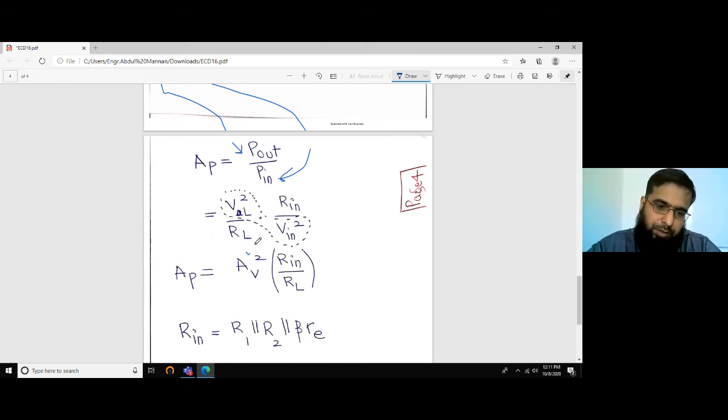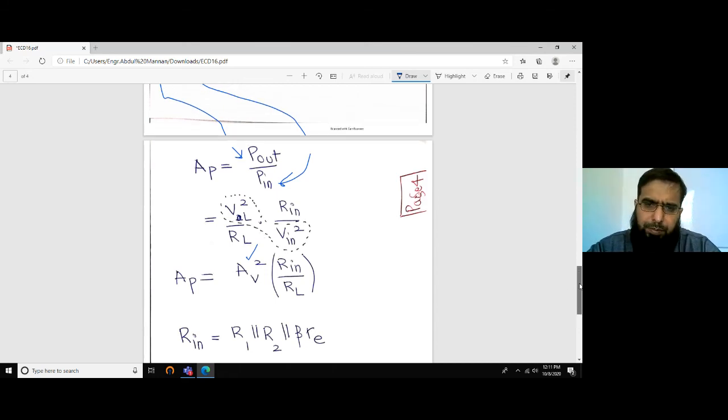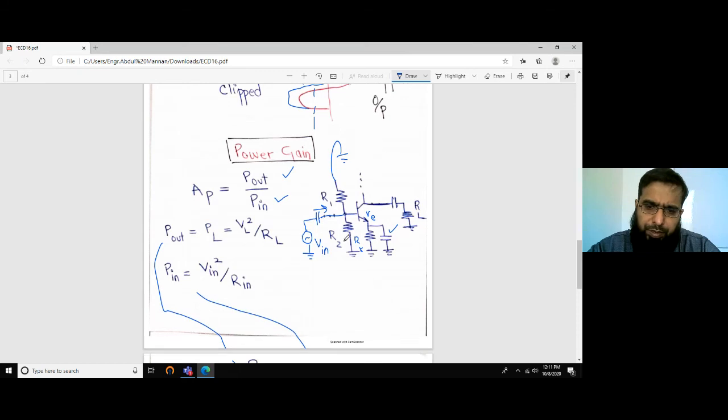So this AV is actually the voltage gain of the amplifier. We know the voltage gain of a BJT common emitter amplifier with RE bypassed with the help of a bypass capacitor is RC in parallel with RL, divided by small re, because this capital RE is bypassed by the bypass capacitor.